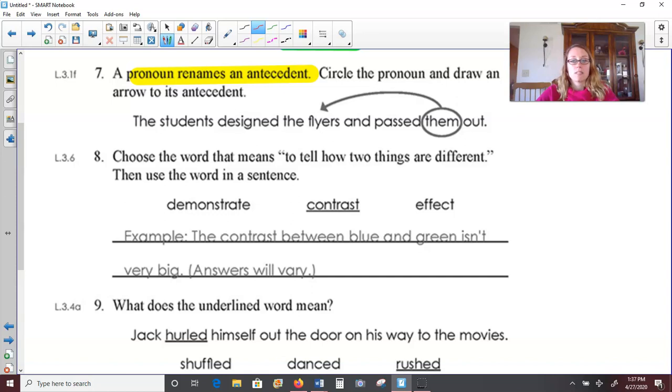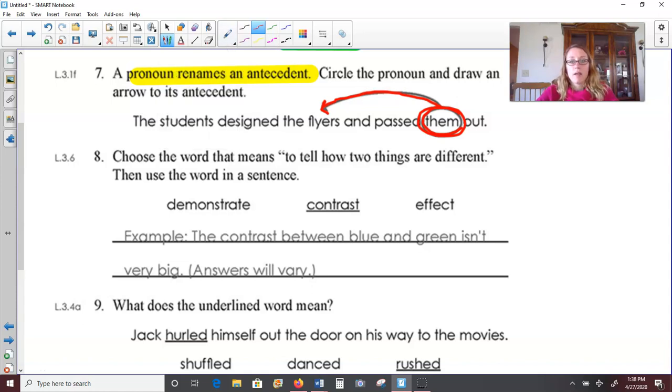Them is our pronoun because it's taking the place of the antecedent, which is the noun we're talking about. And when we say them, what are we talking about? The students designed the flyers and passed the flyers out. So flyers would be the antecedent, what we're talking about in this sentence.